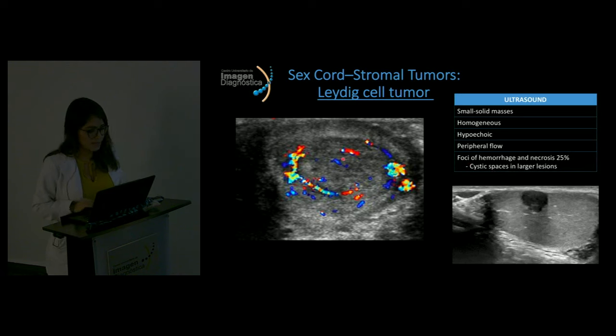And this is another example of another patient that showed a transverse color Doppler ultrasound of the testis, showing internal and peripheral vascularity of the tumor, also being a heterogeneous tumor, predominantly hypoechoic.